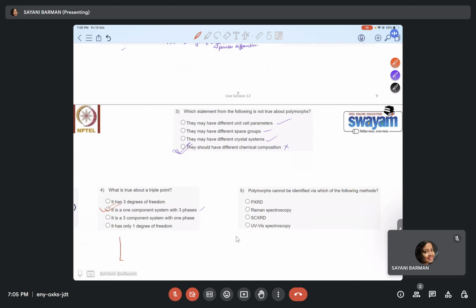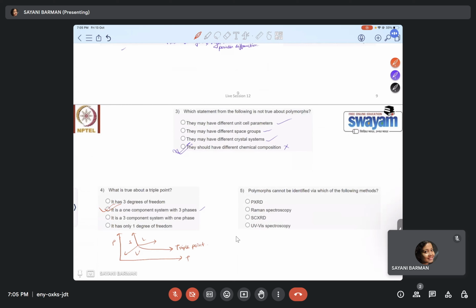Like this, this is pressure, this is temperature. This is for water. This solid, liquid, and vapor. And this point is called the triple point. Three phases with one component is called the triple point.